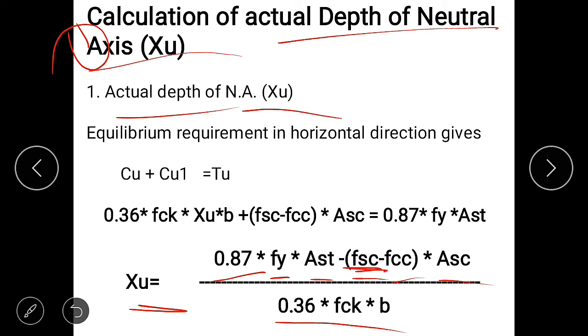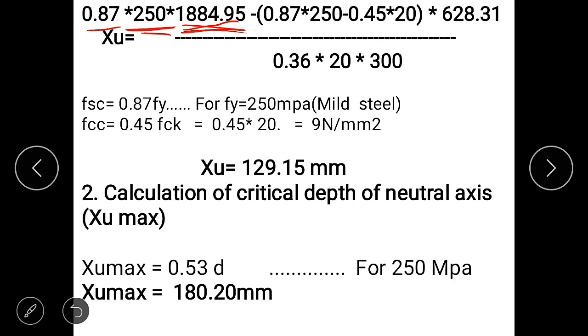here FSC. How to calculate FSC? FSC is 0.87 into Fy for mild steel. Here mild steel is given, so you can easily use this formula: 0.87 into Fy, which is 250. Minus FCC. What is FCC? FCC is 0.45 into the grade of concrete, which is 20.